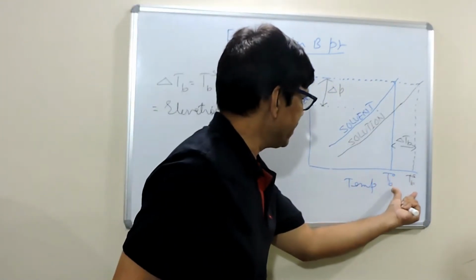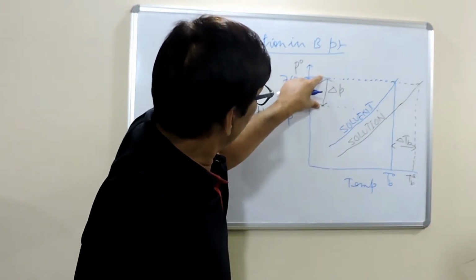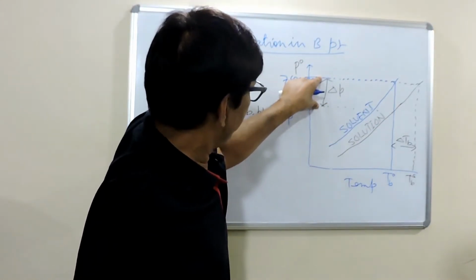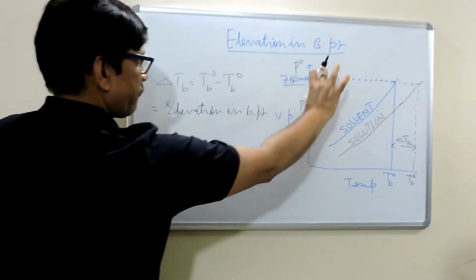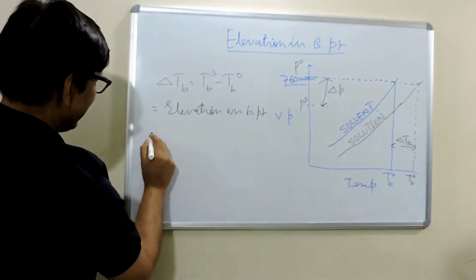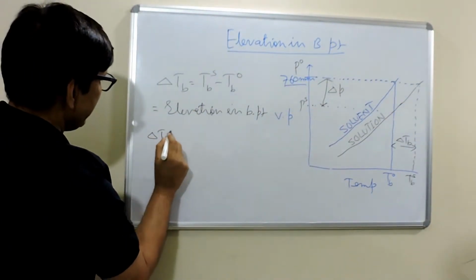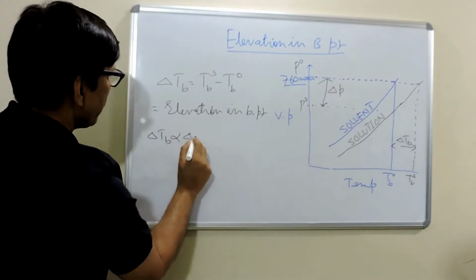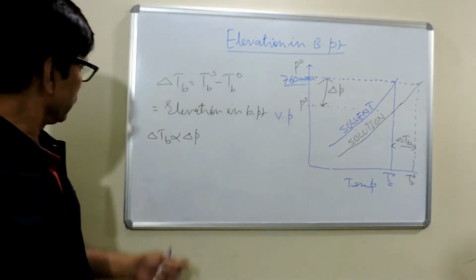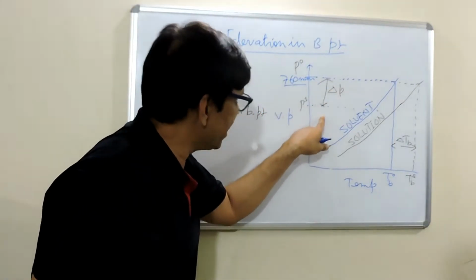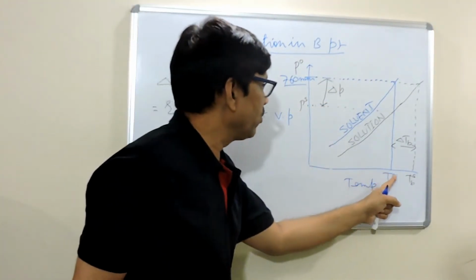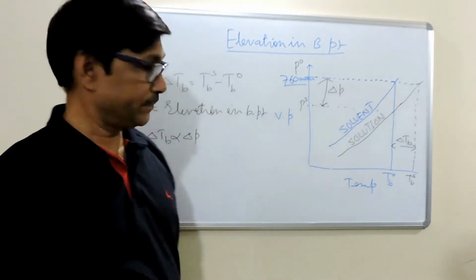So elevation in boiling point is related to the lowering in vapor pressure. So from here we can write delta TB is proportional to delta P. So if there is more lowering in vapor pressure, there will be more increase in the boiling point.